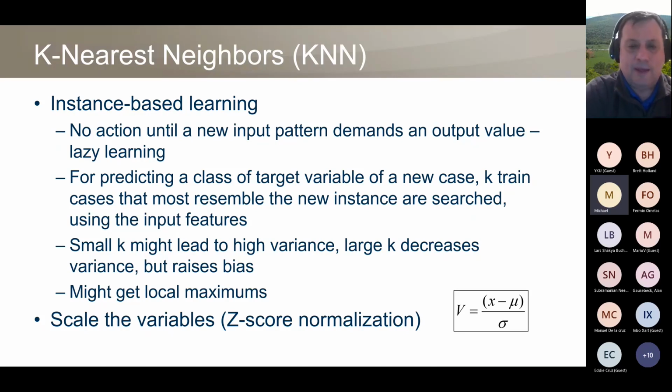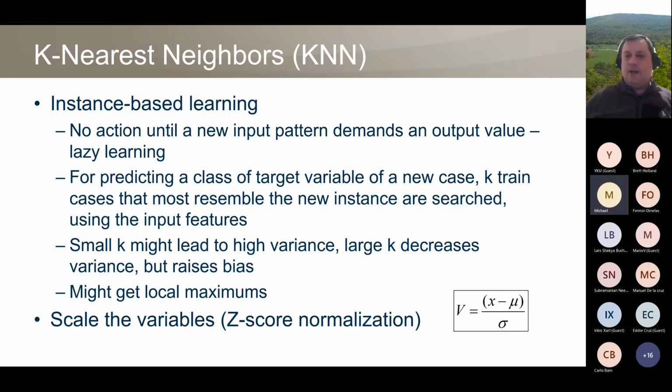Now, typically with KNN, we work with continuous variables, which can have very different scales. So the first thing that you do, you scale the variables with z-score normalization. I will show you this in an example, and you will understand immediately why normalization is needed.